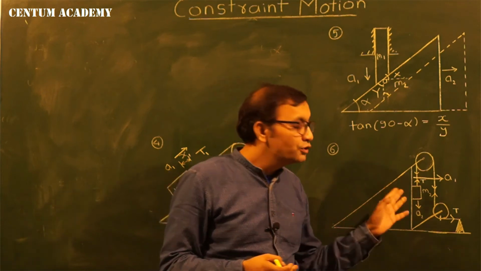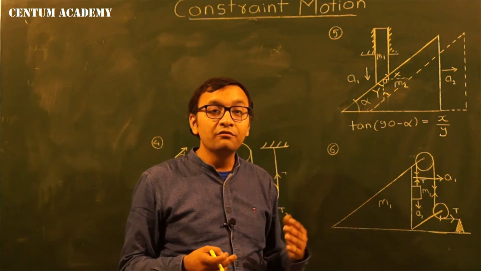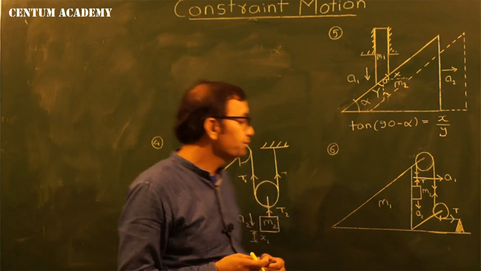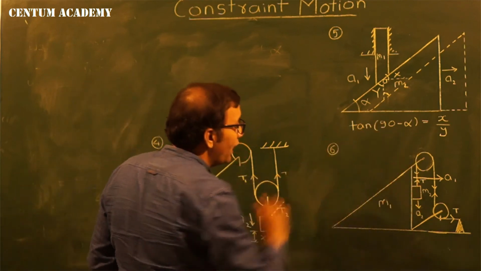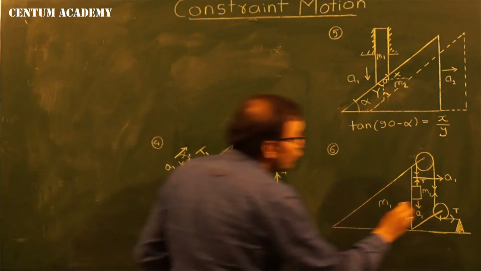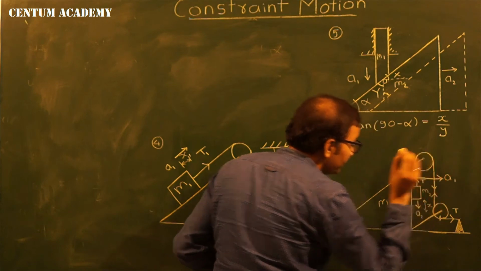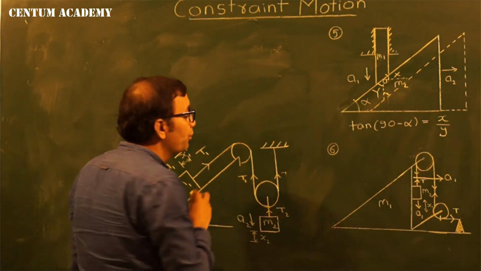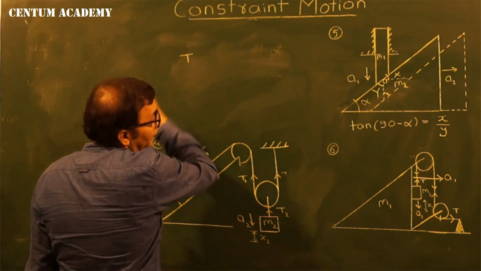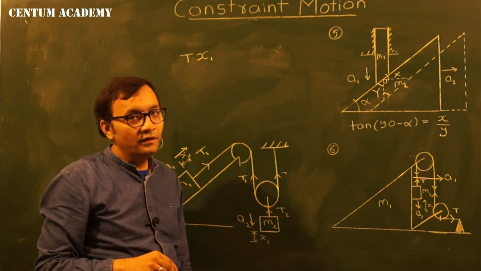So let us try to solve this particular situation using work done by tension. Fine. So T is the force acting on M2. So if M2 goes down by a distance of x1, then work done by tension T on M2 will be T into x1, right?